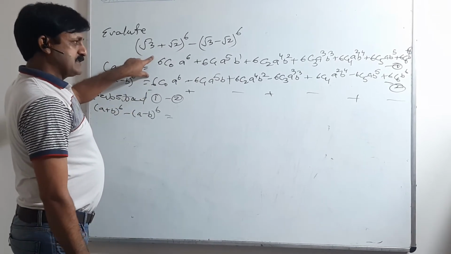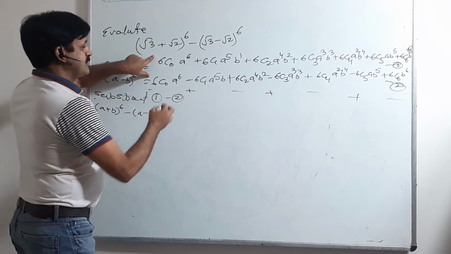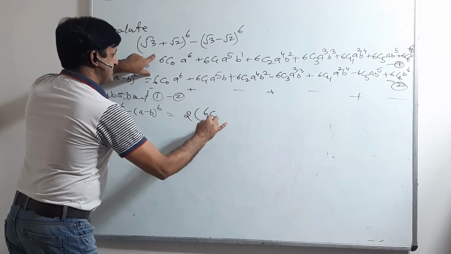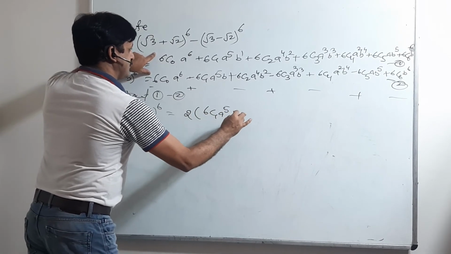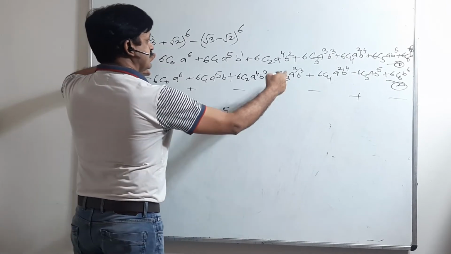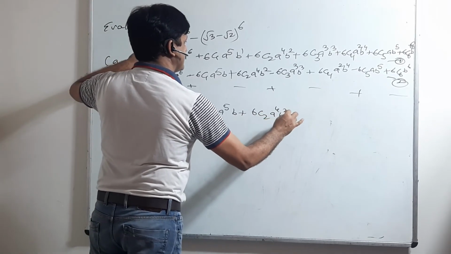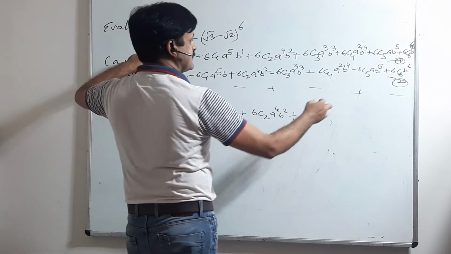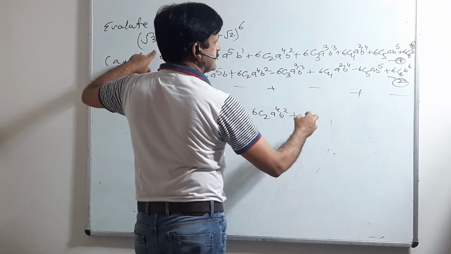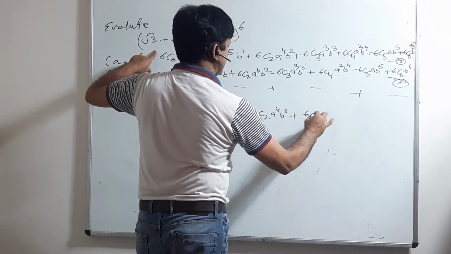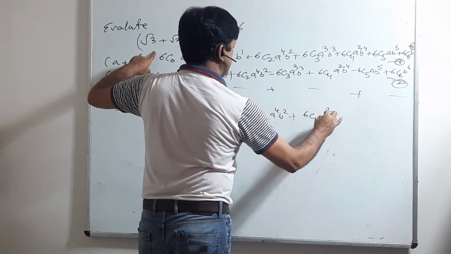Terms at the even places cancel and the odd places are twice. So twice of 6C1 a to the power 5 b plus 6C2 a to the power 4 b squared plus 6C4 a squared b to the power 4.